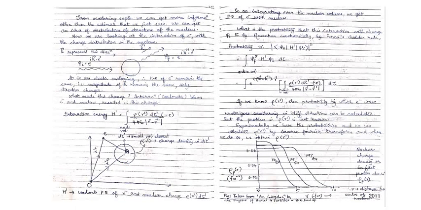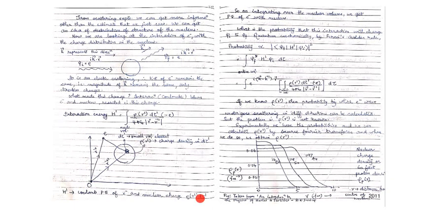And of course, the potential energy of interaction of two charges is given by the product of charges divided by 4π ε0 times the separation between the charges. Separation between the electron and the nuclear charge is |r − r'|. So this is actually the potential energy of interaction of the electron and nuclear charge rho(r') dτ'.